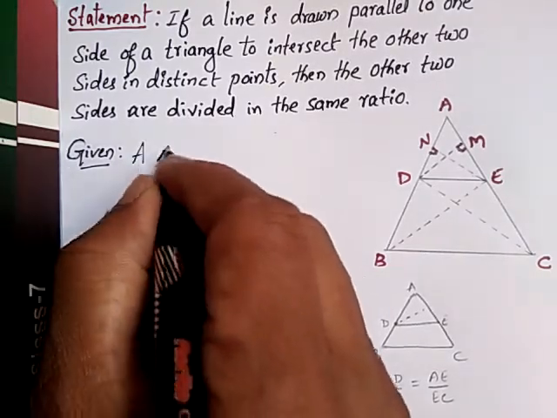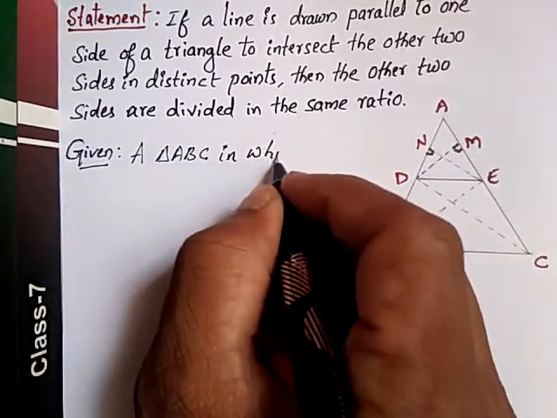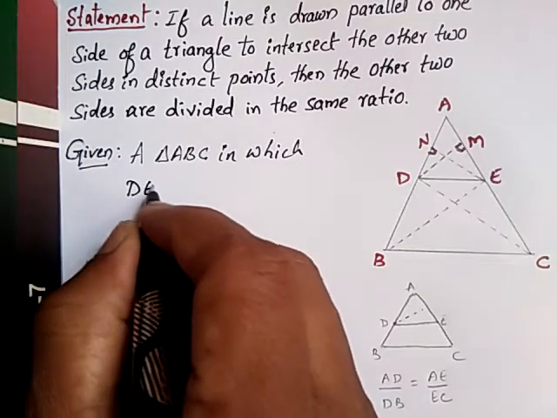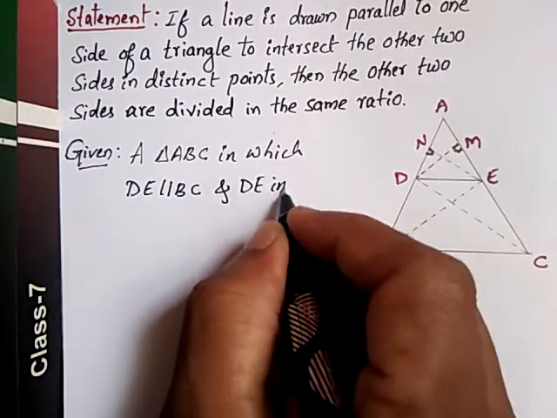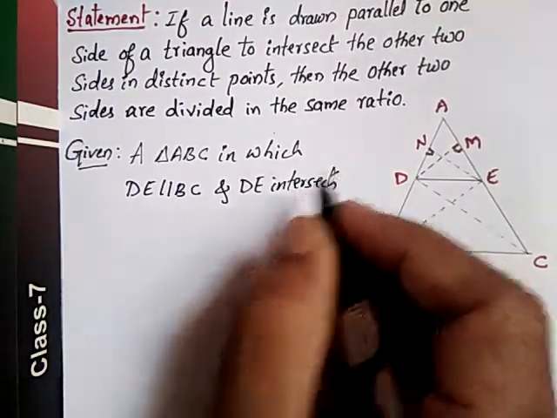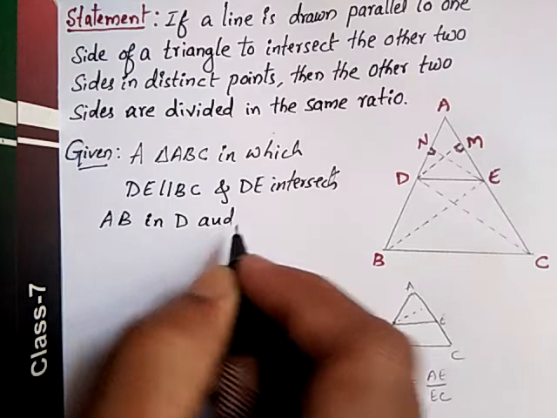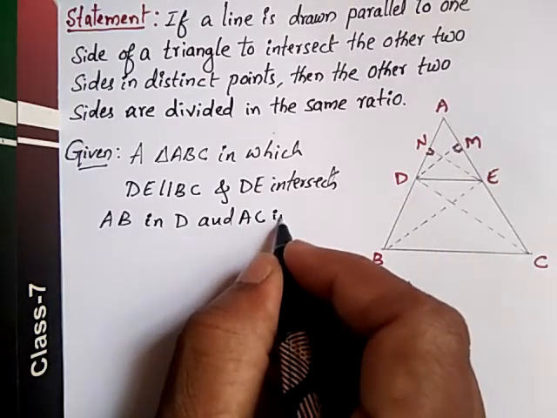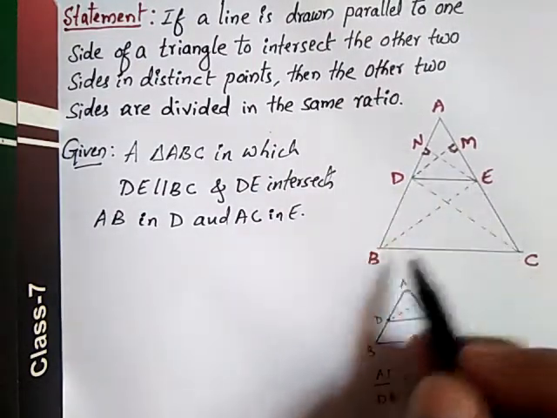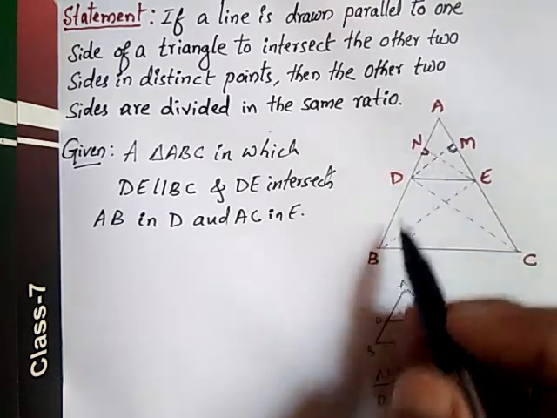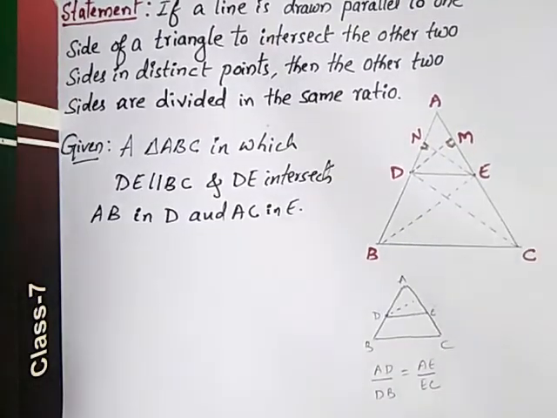You can write here: triangle ABC in which DE is parallel to BC and DE intersects AB in D and AC in E. You can see this figure. In triangle ABC, DE is parallel to BC, and it intersects side AB at point D and side AC at E, at these two points.